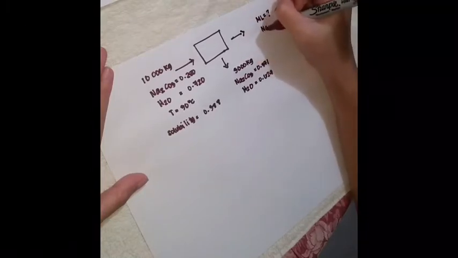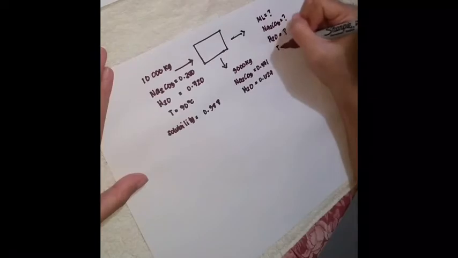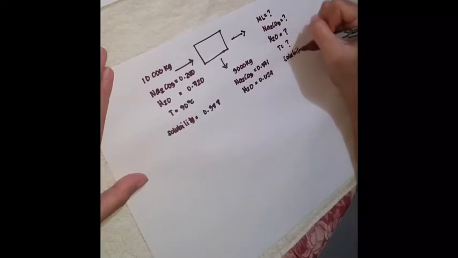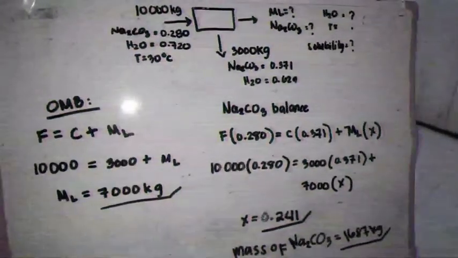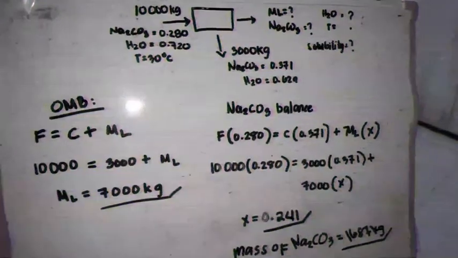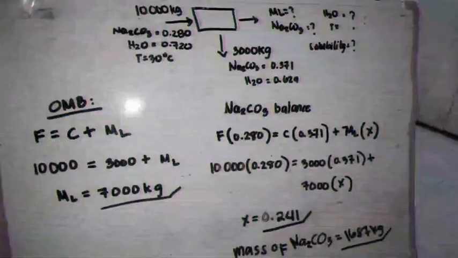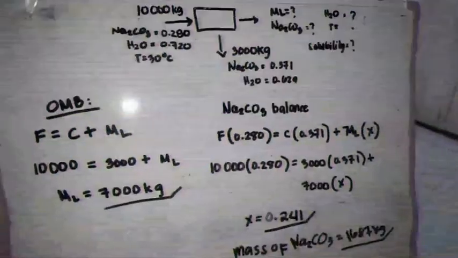So in this case, we should solve for the components in the mother liquor or in the product. To solve for the components in the mother liquor, we should do the overall mass balance. So we have feed equals crystal plus product or mother liquor.